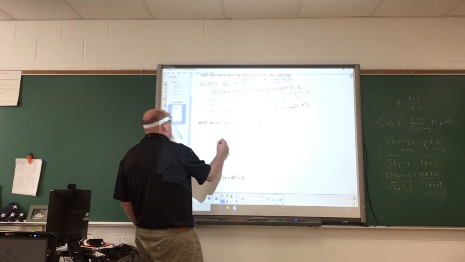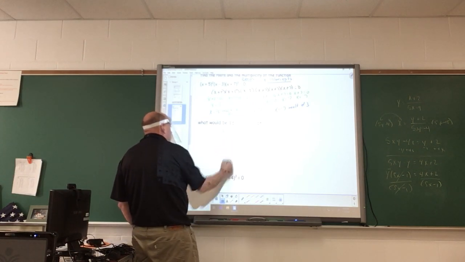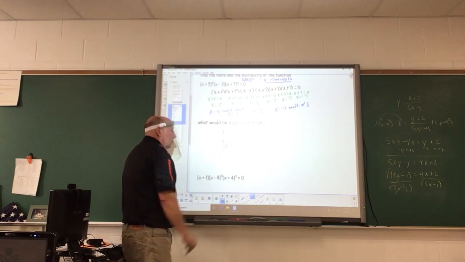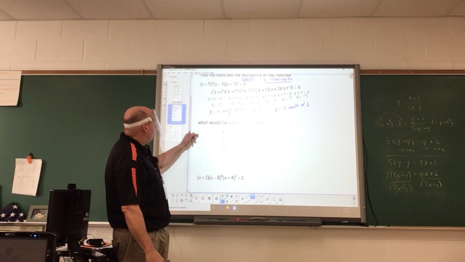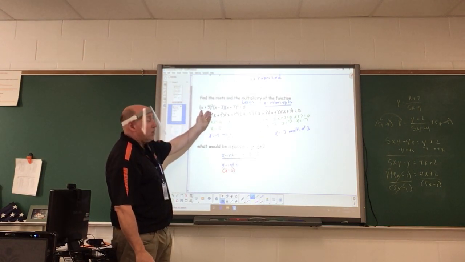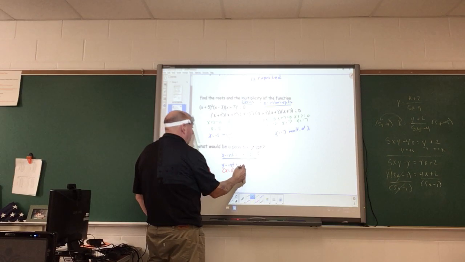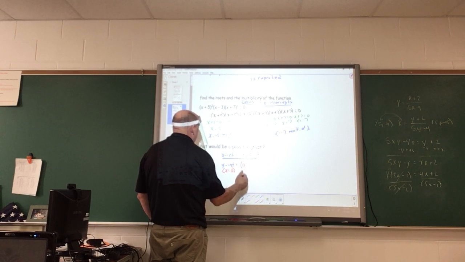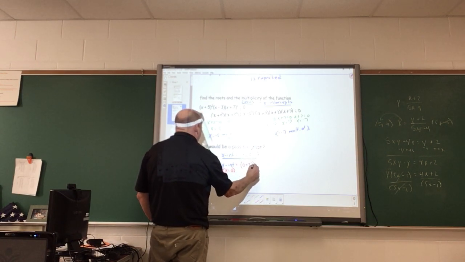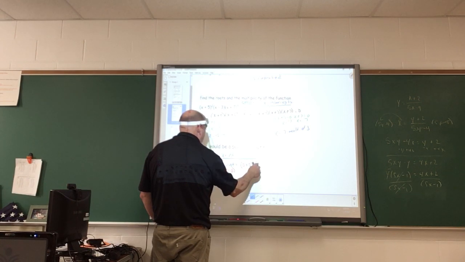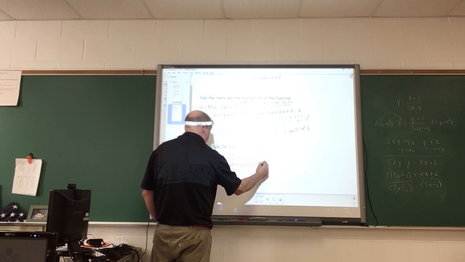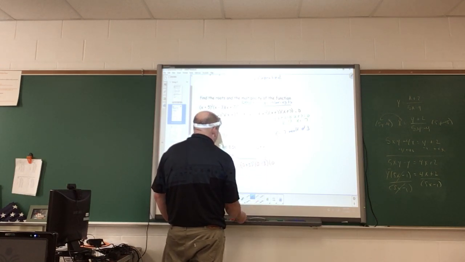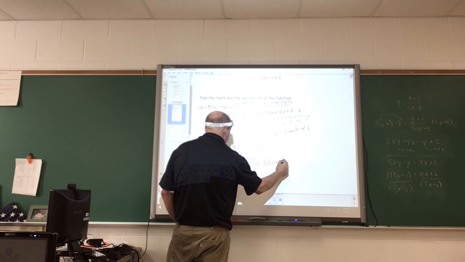We can also find the y-intercept, and that is where x is equal to 0. So if I put 0 into my function here, we have 0 plus 5 squared, 0 minus 3, and 0 plus 7 cubed.